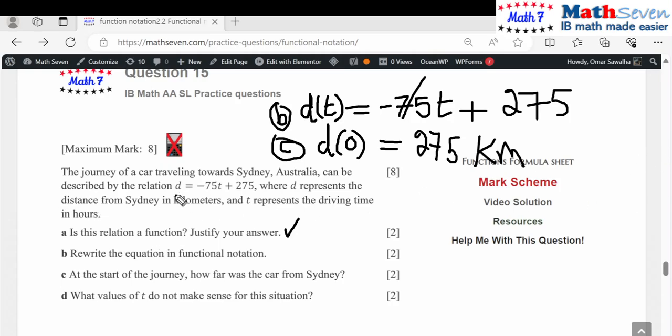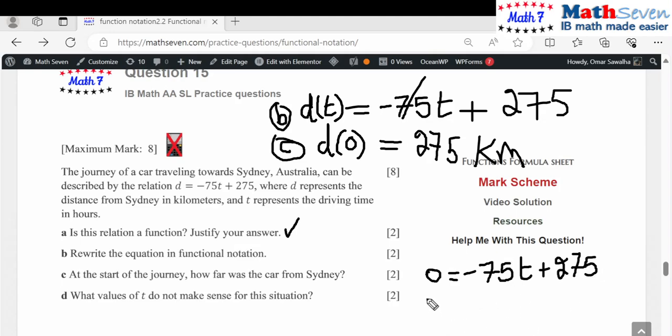So let's make the distance equal to 0 to find the time when the car reaches Sydney. So 0 equals minus 75 multiplied by t plus 275.